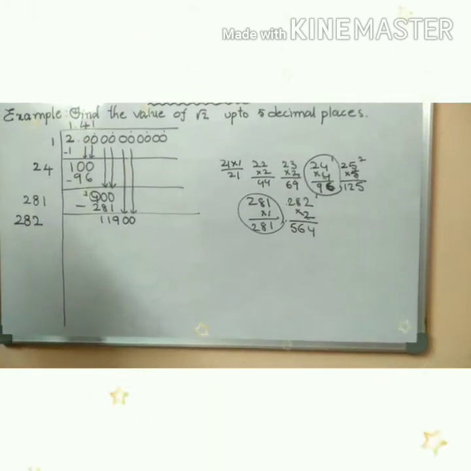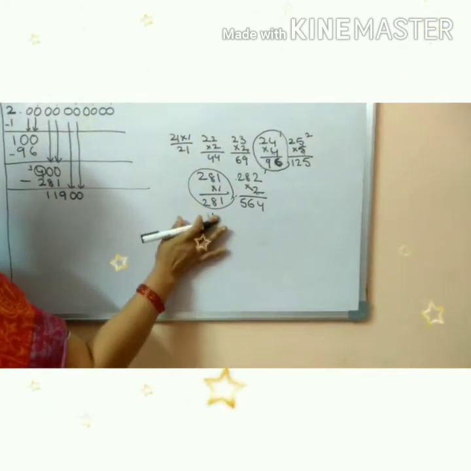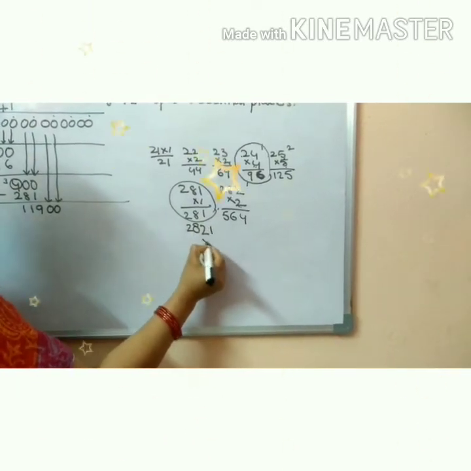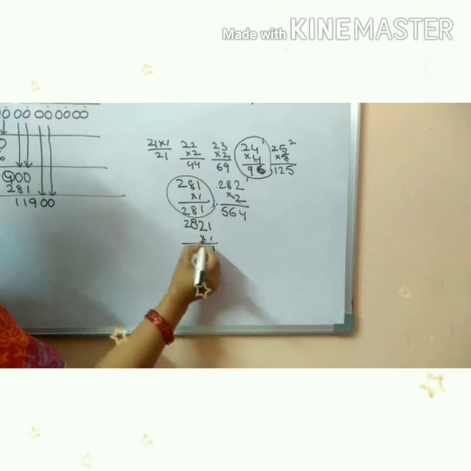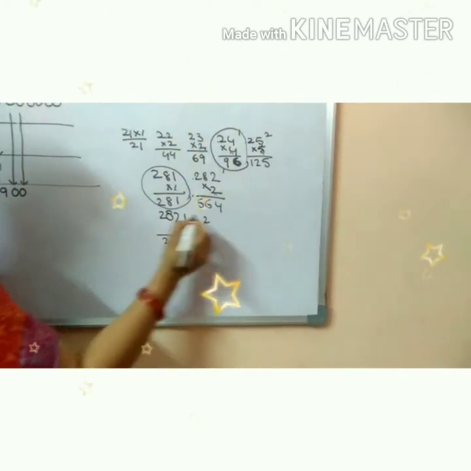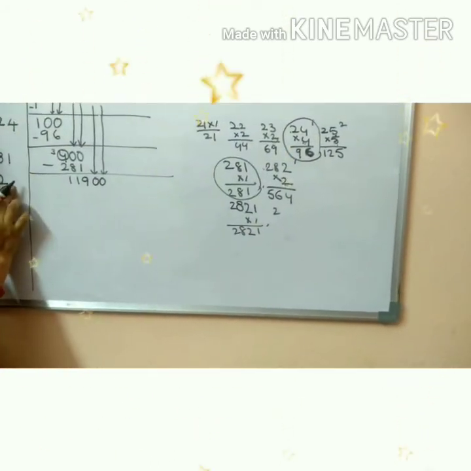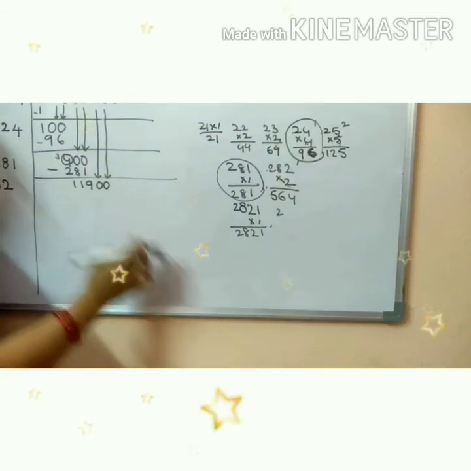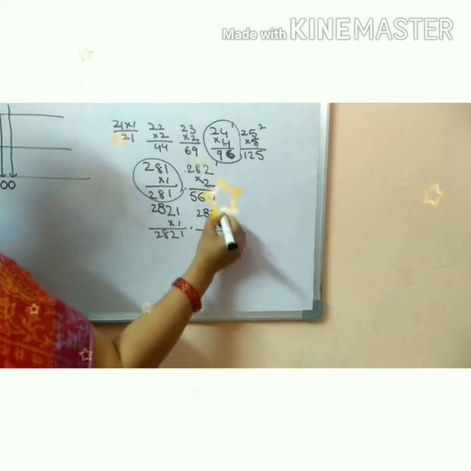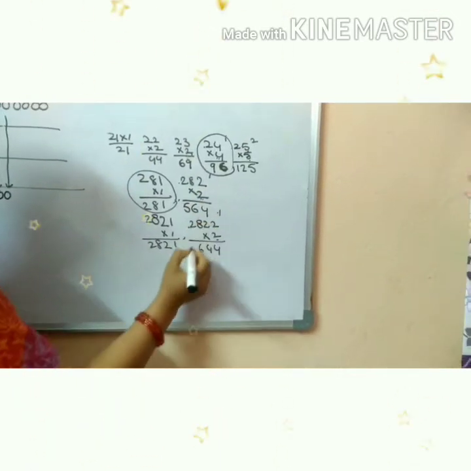So here first we learn 282, 1 into 1, as usual. Next in this case 2, multiplied by which number is possible, nearly 11,900. It is multiplied by 1 into 1 or 2 into 2. Once observe that: 2, 8, 2 into 2. 2 2s are 4, 2 8s are 16, and 2 2s are 4 plus 1, 5.